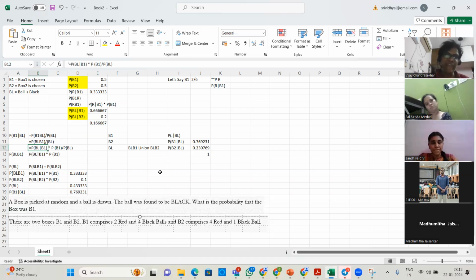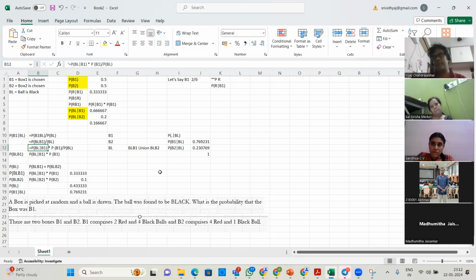Now, effectively, what we're saying is Bayes' theorem allows you to flip the probabilities. We are used to working with probabilities where, let's take the box example itself, you choose a box and then you choose the ball. Easy to calculate probabilities.